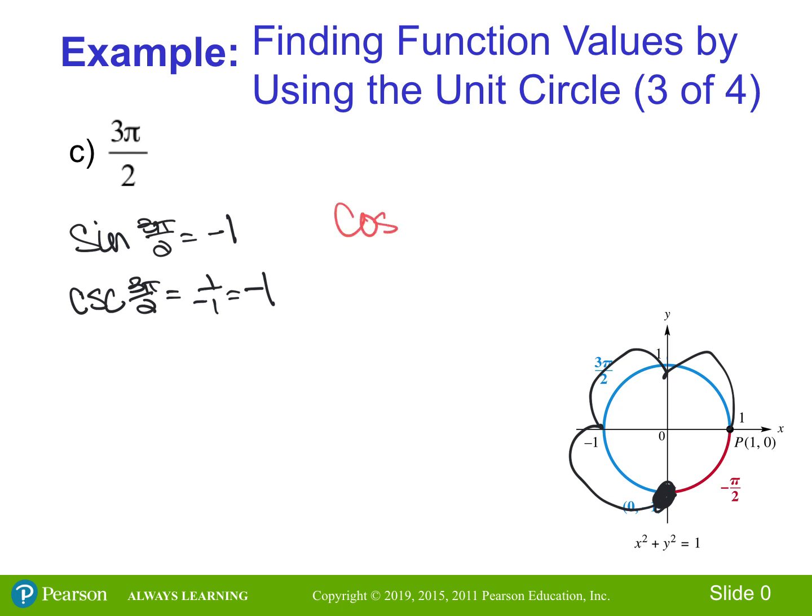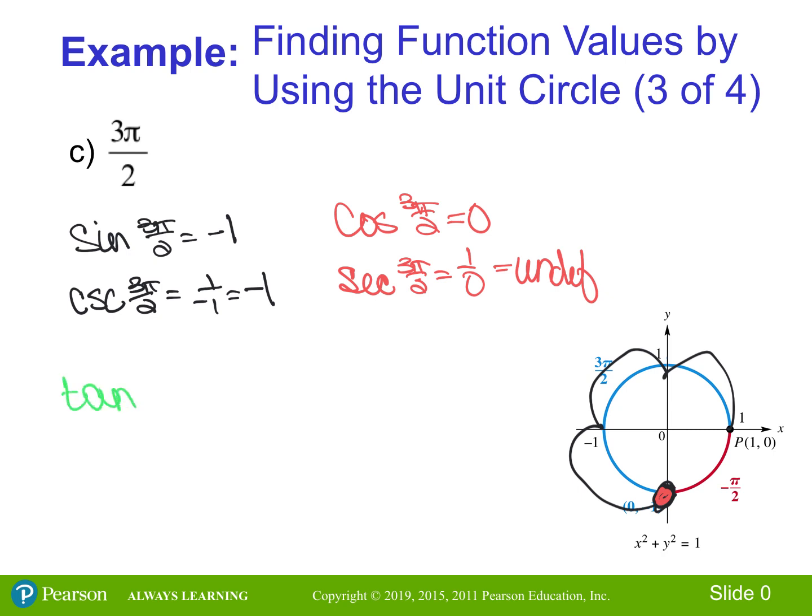For my cosine of 3 pi over 2, on the y-axis, my x values are equal to 0. So that means my secant of 3 pi over 2 is going to equal 1 over 0, which means that it's undefined. And then my last functions I have to find are the tangent and cotangent of 3 pi over 2.